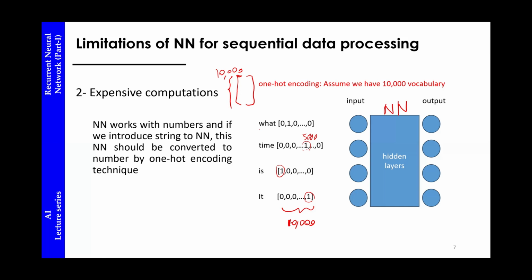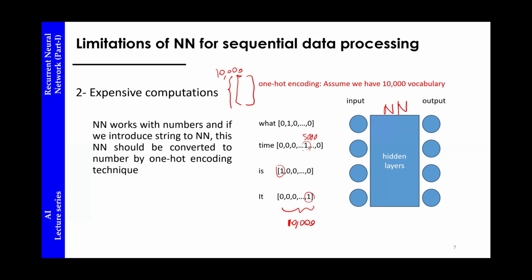And after introducing this input to the neural network, this input should be transferred to the next hidden layer, and to the next hidden layer, in forward propagation and in back propagation. It includes lots of parameters and lots of calculations, and is computationally very expensive.